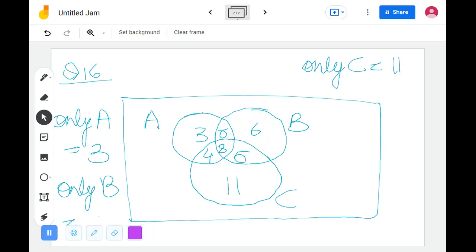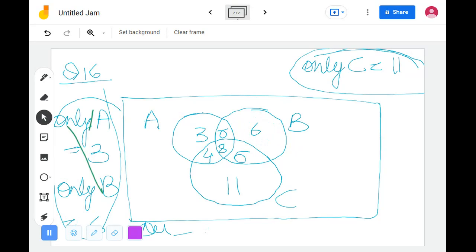So this is the answer. They asked us to find only C, but we have already found the others too, though that was not asked. This is done. Question number 16 was the last question.